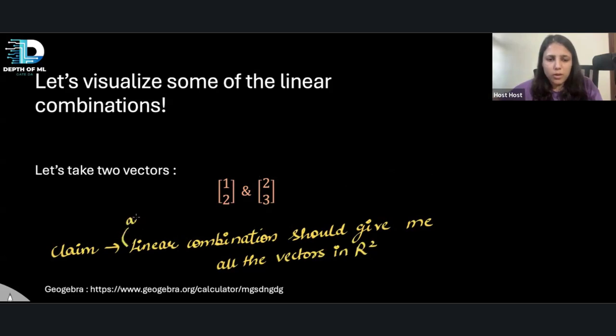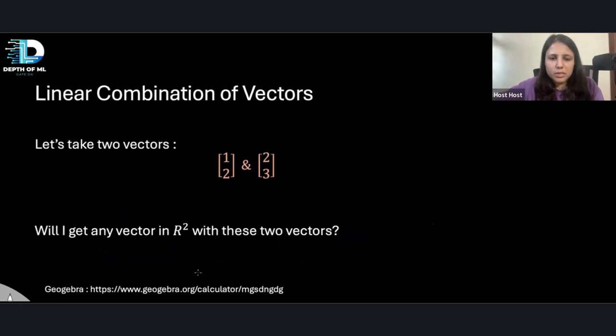So I'm claiming that if I take all possible linear combinations of these two vectors, I'll be able to cover all the vectors that are there in R2.